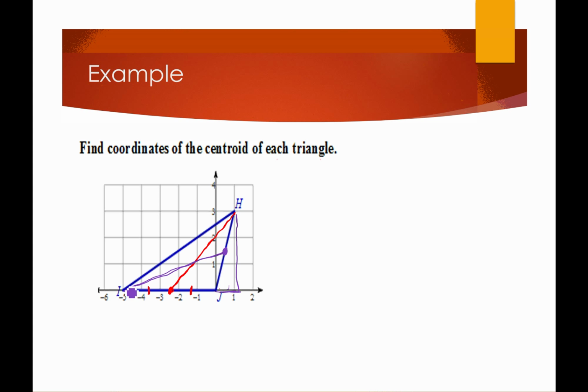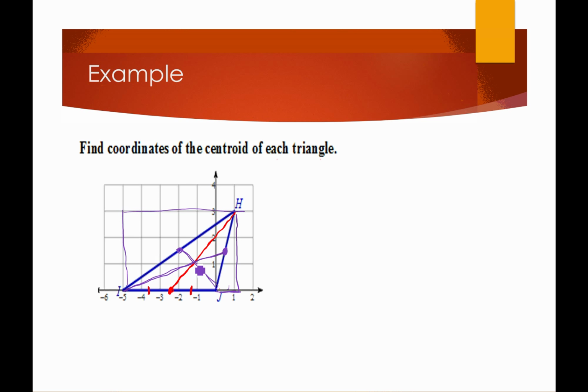From point I to point H, it's over 6 and up 3. So I'm going to go over 3 and down 1.5 to find my midpoint there. You can see that's a pretty good job estimating because it's going to go right through there.